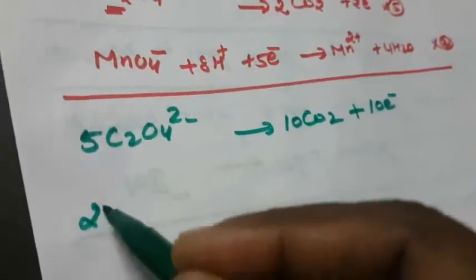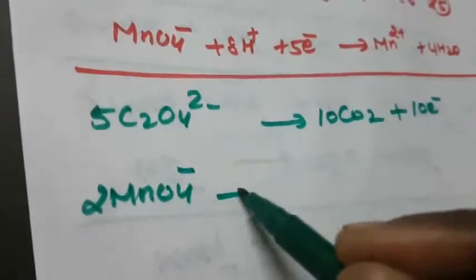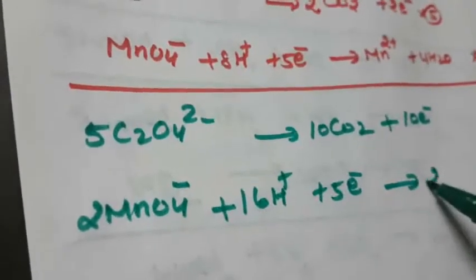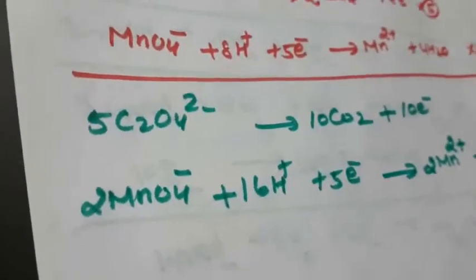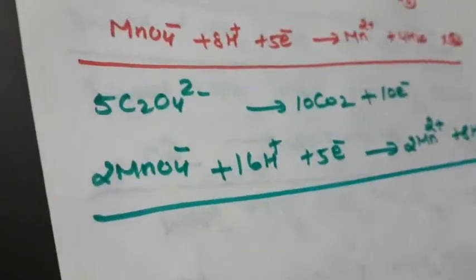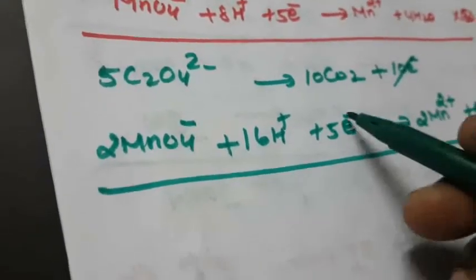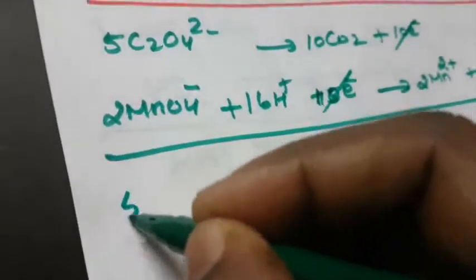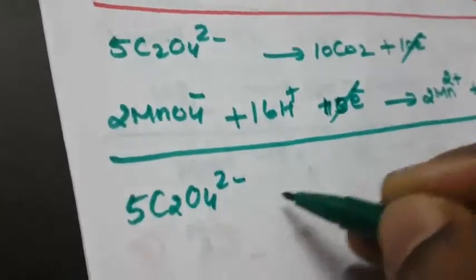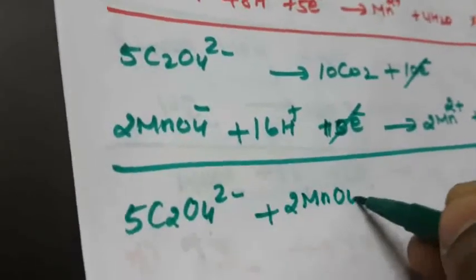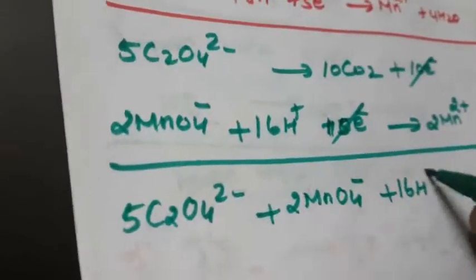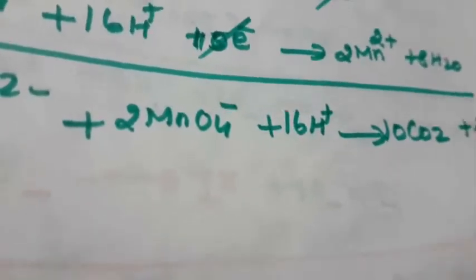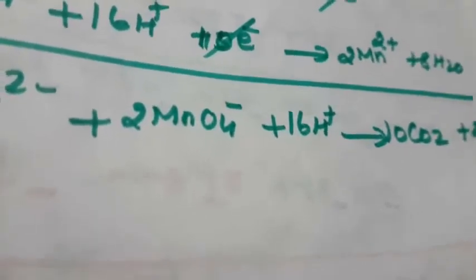Here also 2 MnO4- + 16H+ + 10 electrons gives 2 Mn2+ + 8H2O. Now we are adding, and the 10 electrons cancel. So 5 C2O4 2- + 2 MnO4- + 16H+ gives 10 CO2 + 2 Mn2+ + 8 H2O.